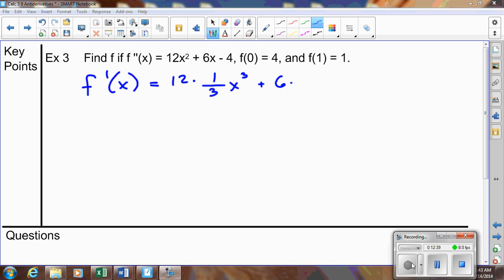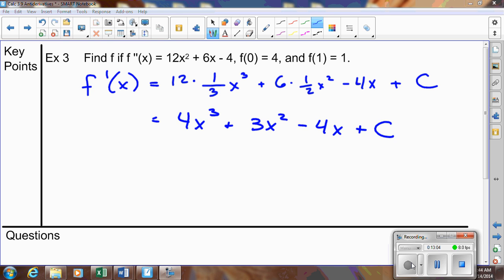Plus 6 times 1/2 x squared, minus 4x, plus some kind of a constant. So we get f prime of x equals 4x cubed plus 3x squared minus 4x plus a constant.